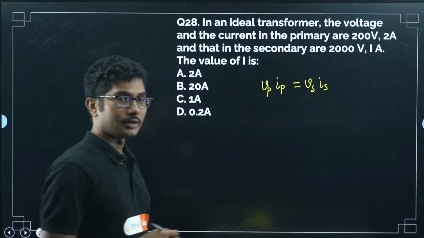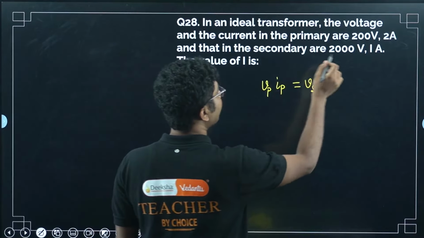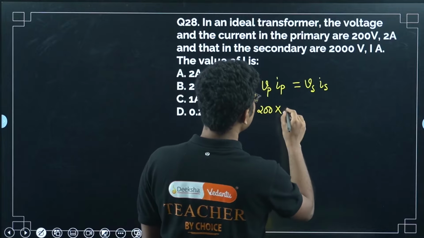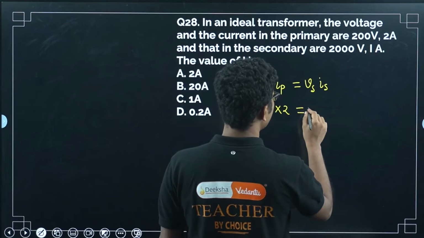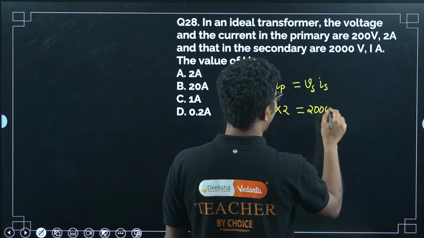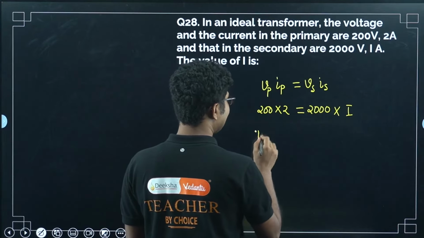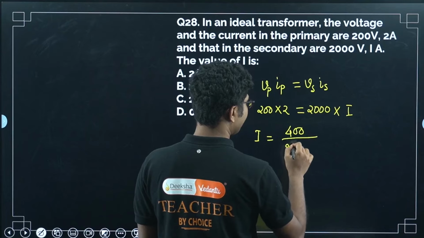P stands for primary, S stands for secondary, right? So in the primary, voltage is 200 and current is 2 ampere. In the secondary, the voltage is 2000 and current is I. So I is 400 divided by 2000.